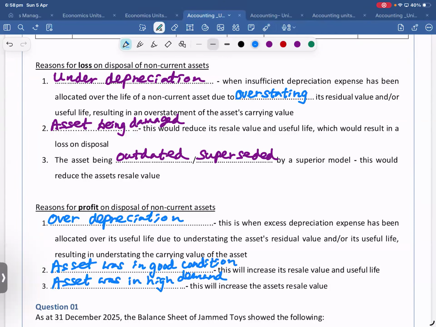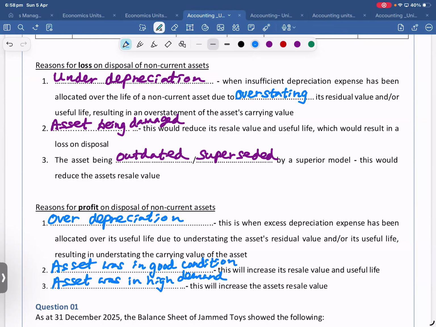Next one, guys. Again, we accept the first one. What are the reasons for profit? So our asset was in high demand. When the demand increases, of course, what happens? Price will increase. Otherwise, if the supply is lower, the price will increase, like crude oil now.